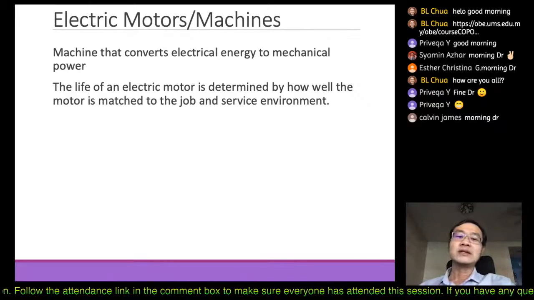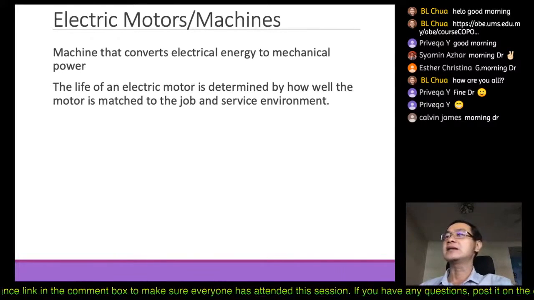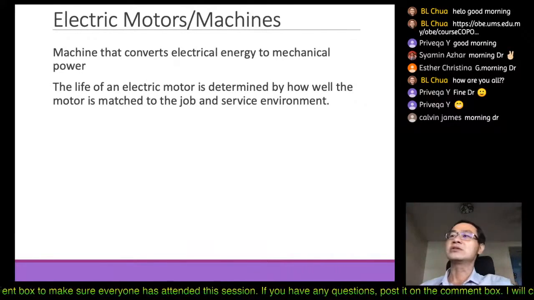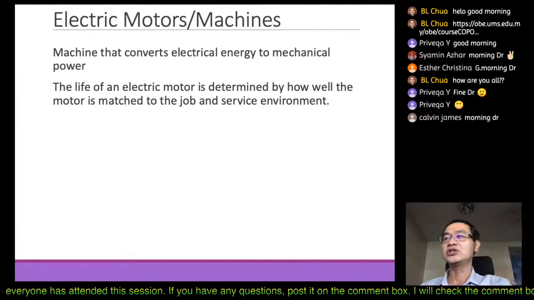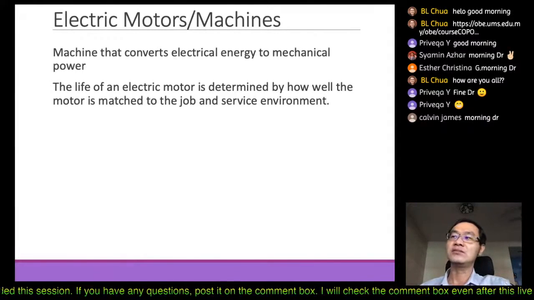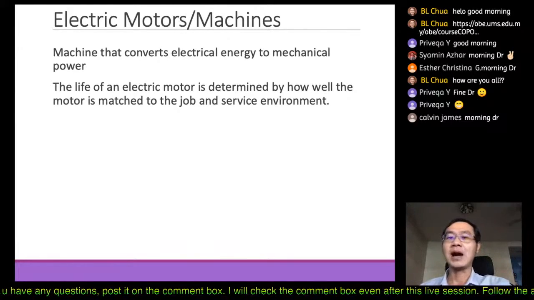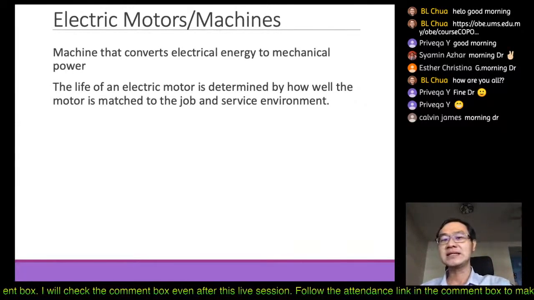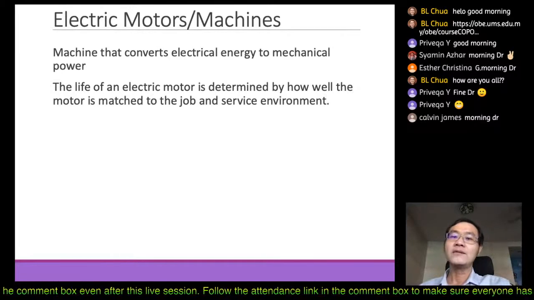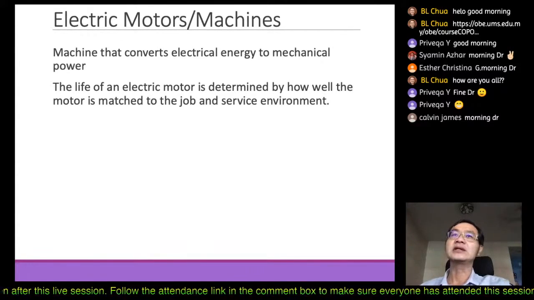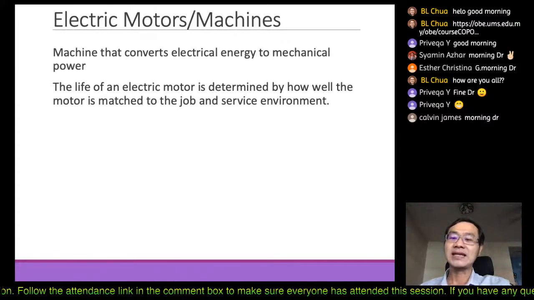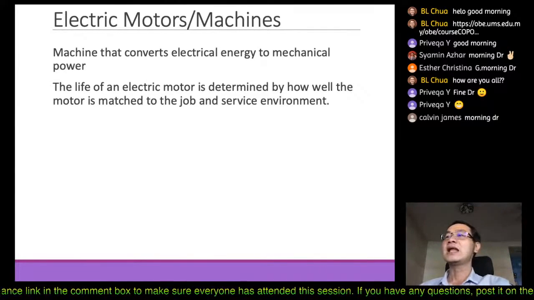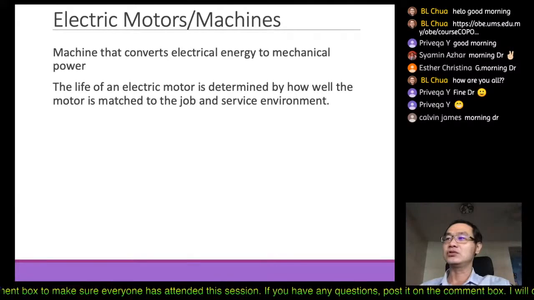So what is an electric motor or machine? It is just a machine that converts electrical energy to mechanical power. The most common type we have seen is the rotary type, the type that is rotating.